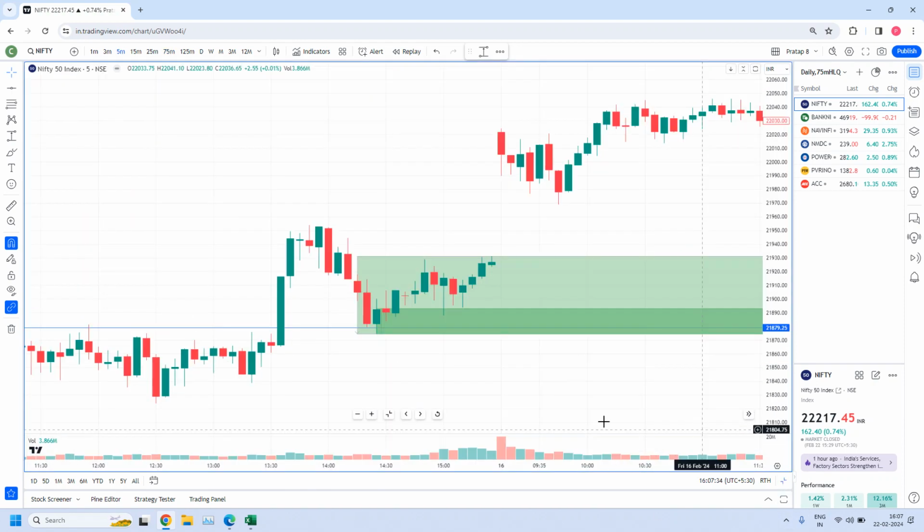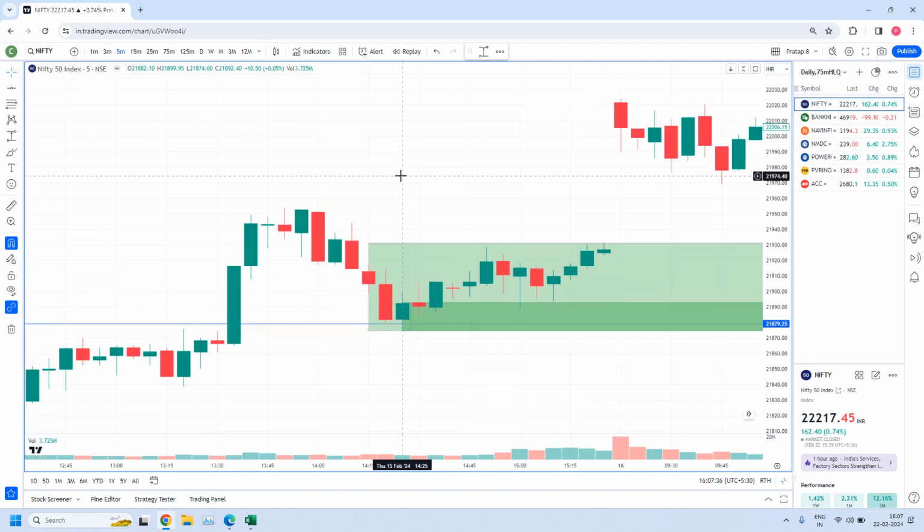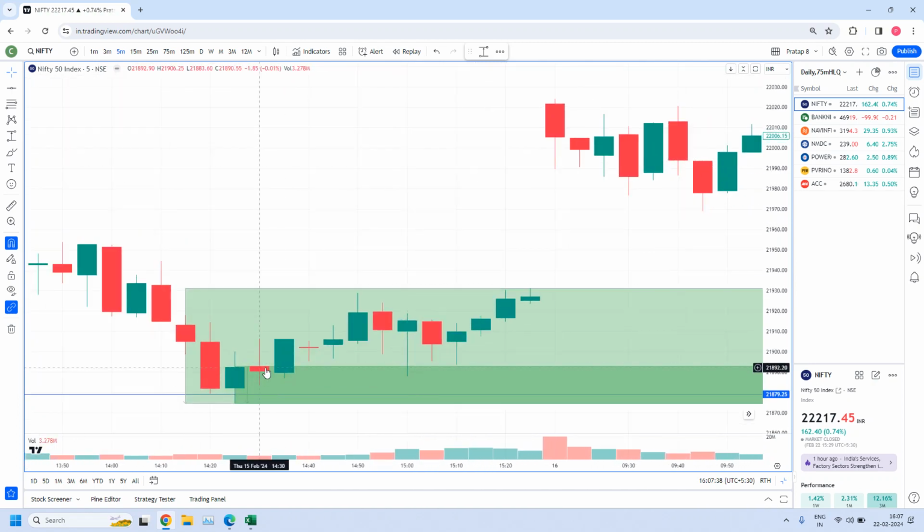Let me go to the 5 minutes. The price I am going to take here is the open of this candle. This is the entry, type 2 entry. What is the open? 21892.90. For easy calculation, let me round the value. It is 21893.